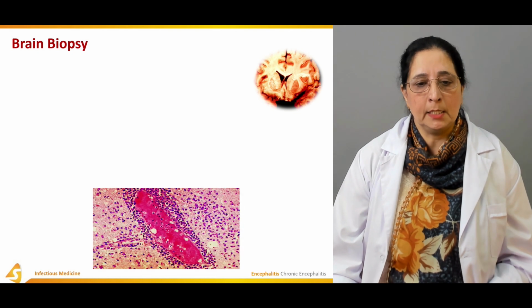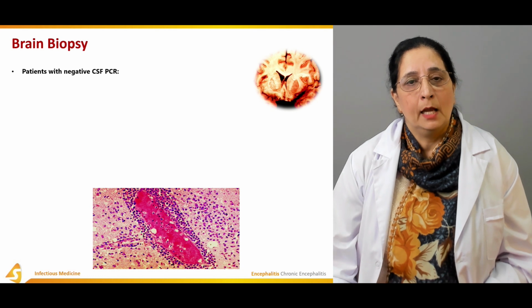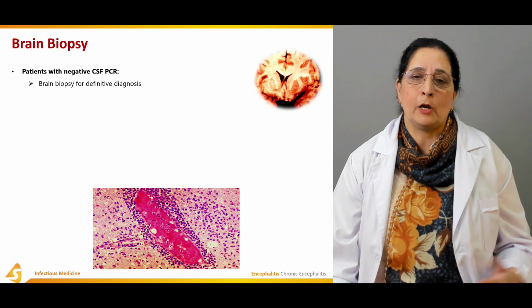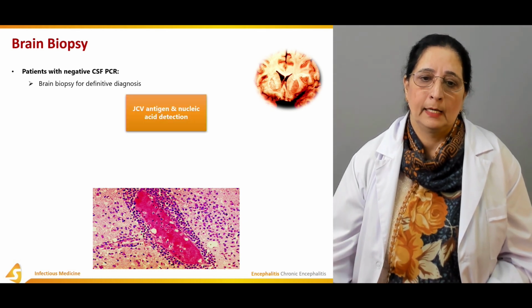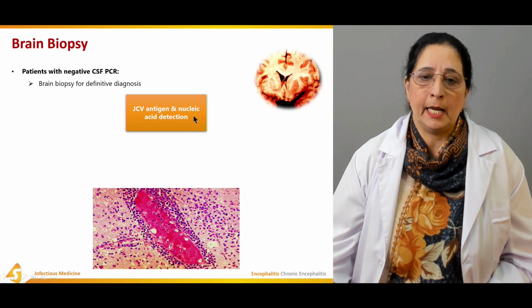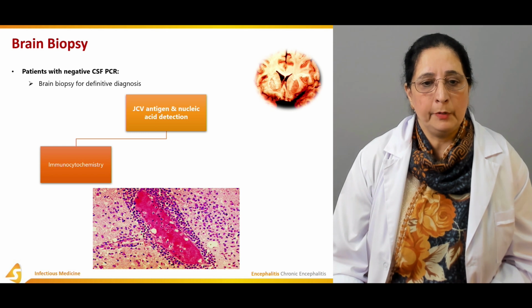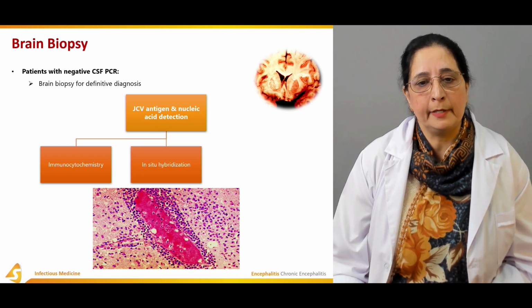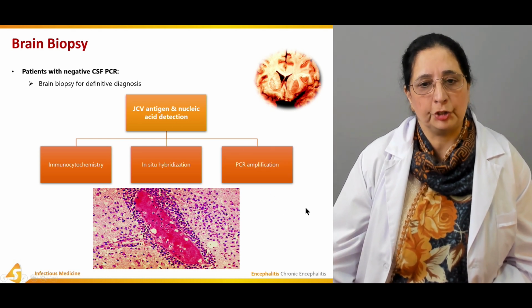Brain biopsy is another diagnostic test. In patients who have a negative polymerase chain reaction, brain biopsy is done for definitive diagnosis. JCV antigen and nucleic acid detection is done by immunocytochemistry, in situ hybridization, and PCR amplification.